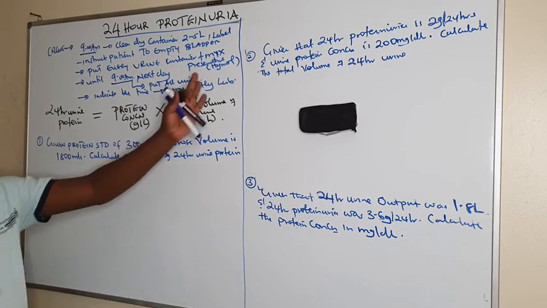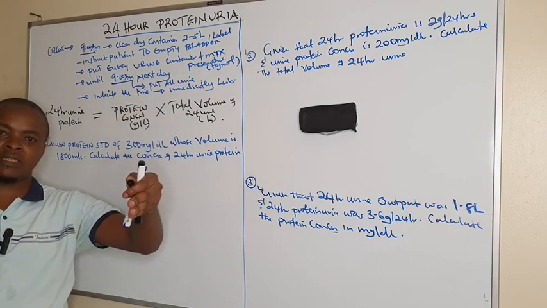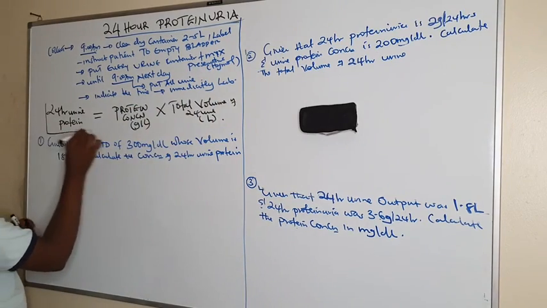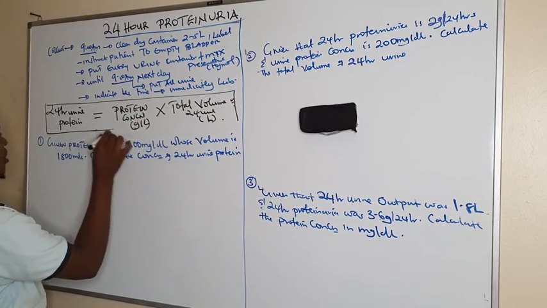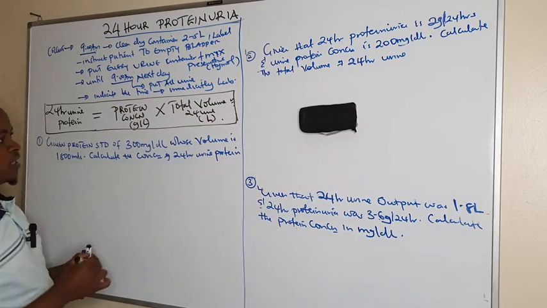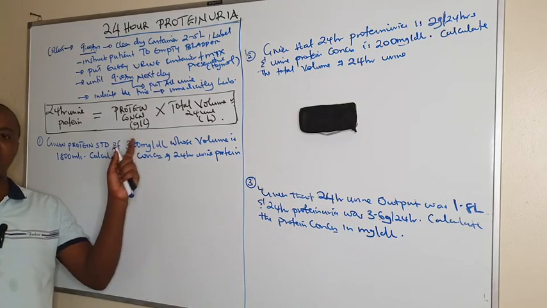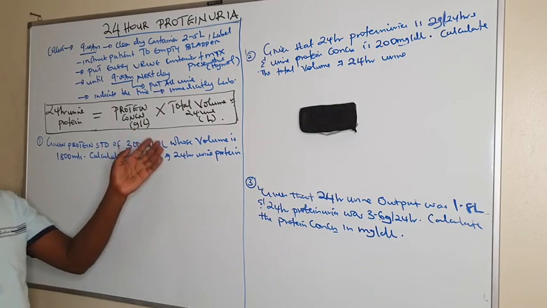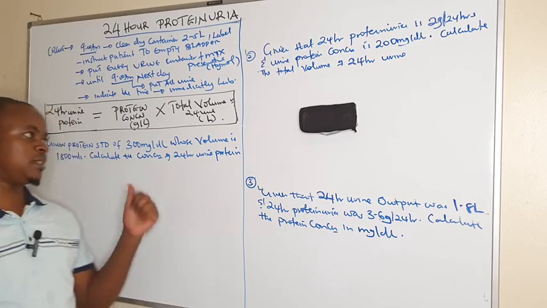So when they bring this 24-hour urine, you have to measure it in liters and record. So this is the formula we are going to use to calculate 24-hour urine proteinuria, whereby in case you're given protein concentration in milligrams per deciliter, you have to convert. And in case you are given total volume in mils, you have to convert it to liters.